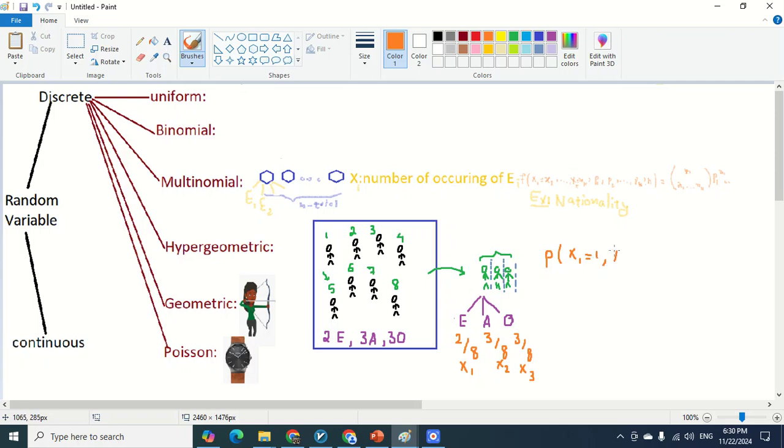With the total number of 3 students in a row that we have, so x2 equal to 1 and x3 equal to 1.